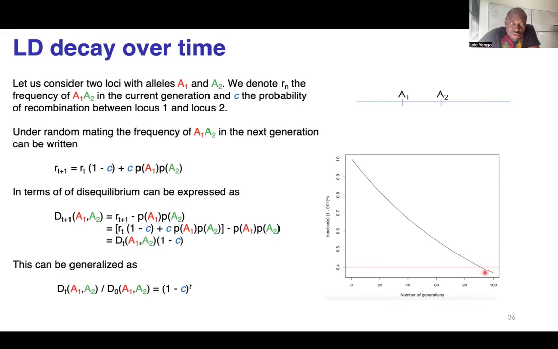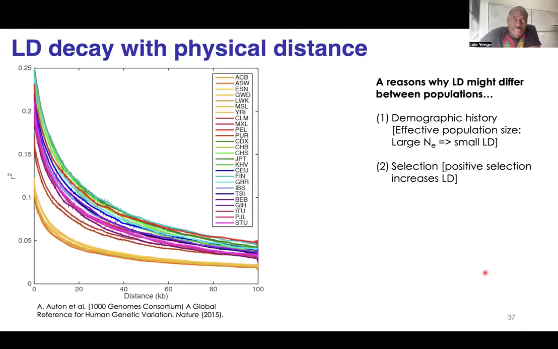It does change over time, and under somewhat simplified assumptions here, we can predict how much it will decay over time. But there is another important source of variation of linkage disequilibrium, which is that it differs between populations. That's partly related to demographic history, the fact that modern populations have been founded by different numbers of people.